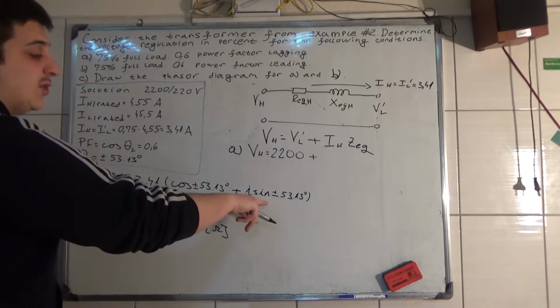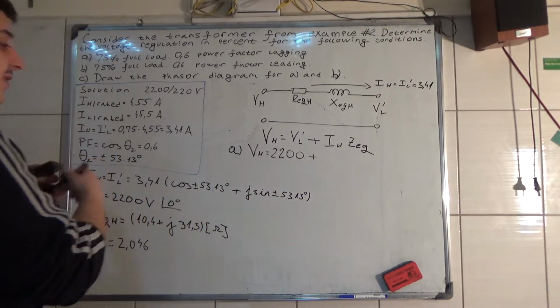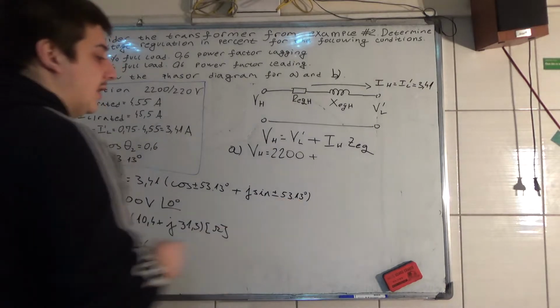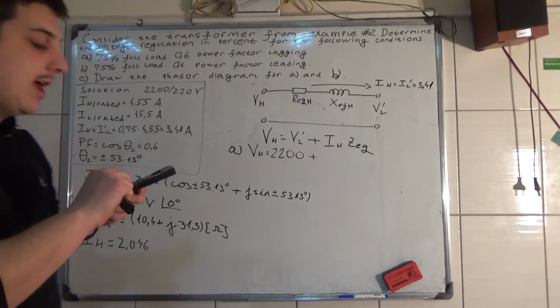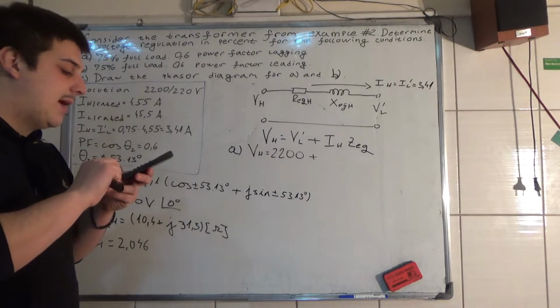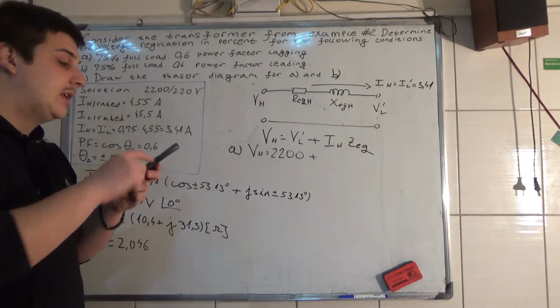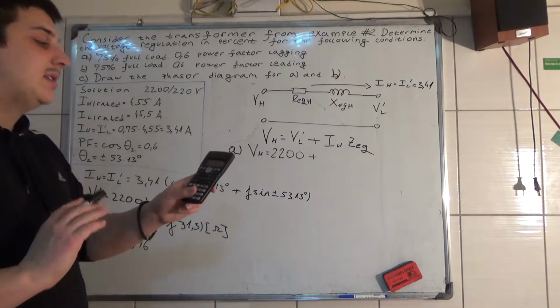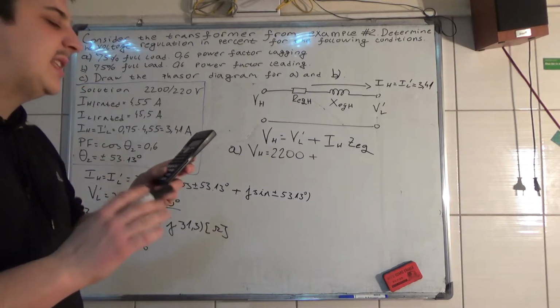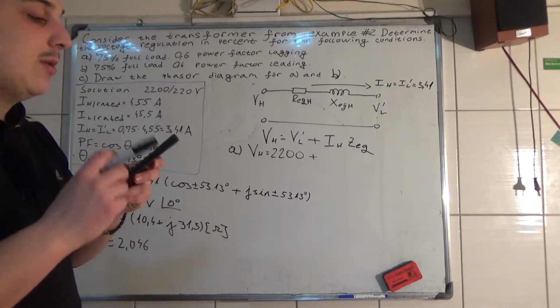Plus we use j sine of minus 53.13 degrees. So in my calculator I click sine, then I click minus, then I type minus 53.13 degrees. I get about minus 0.7999 for the sine of minus 53.13.